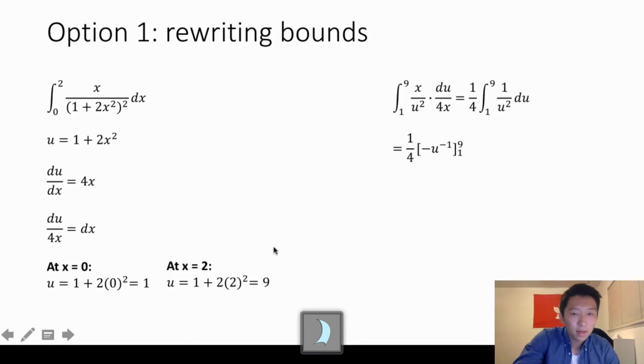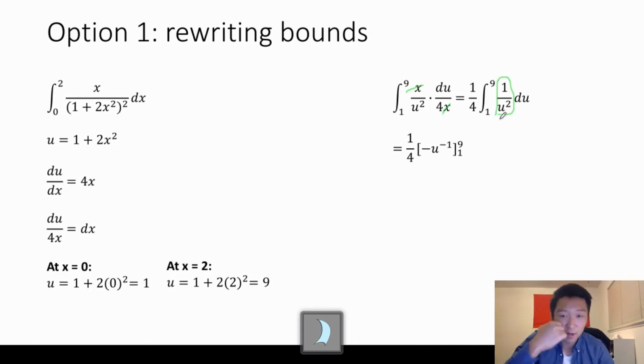Therefore, you can rewrite this integral as the integral from 1 to 9 of x over u squared times du over 4x. Then you can cancel out the x's to get 1/4 of the integral of 1 over u squared from 1 to 9 du. This is a pretty easy integral to evaluate, because this part is just u to the power of -2.